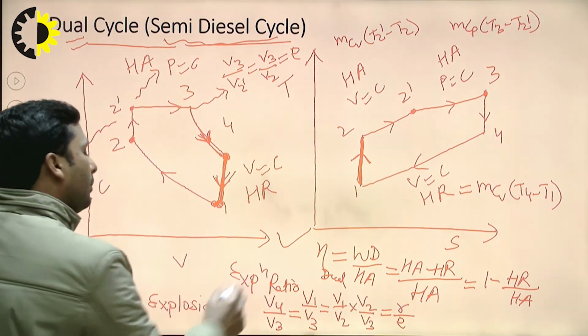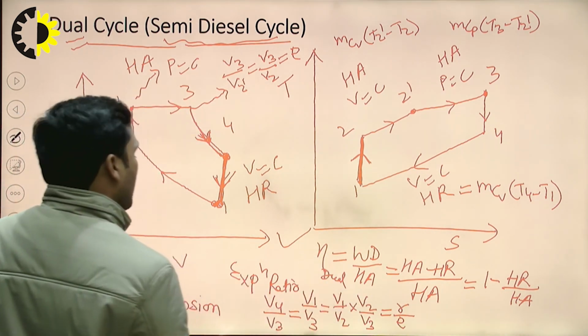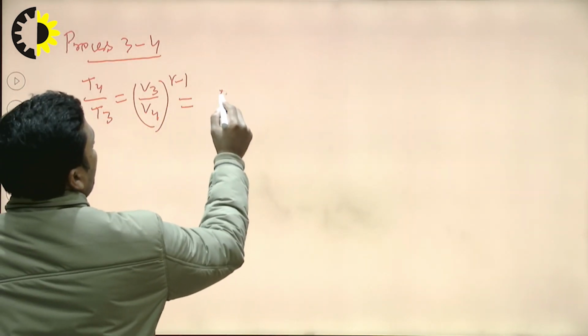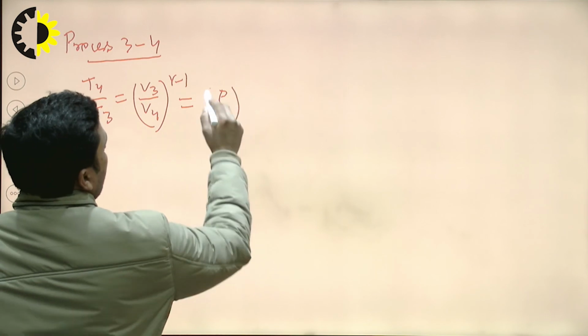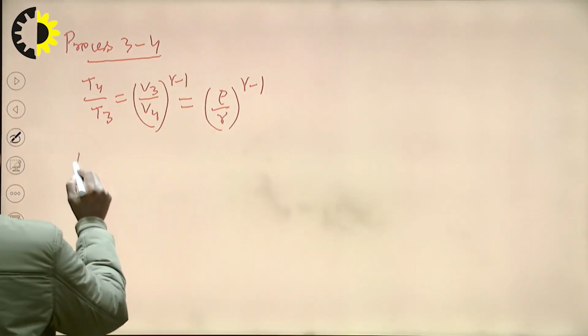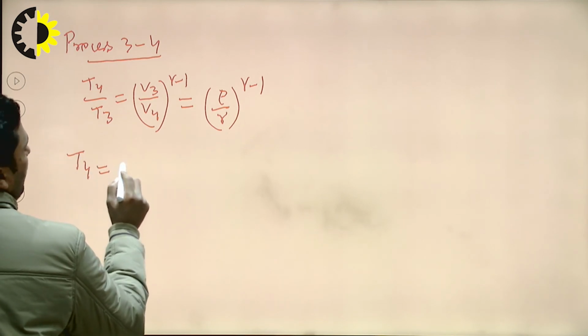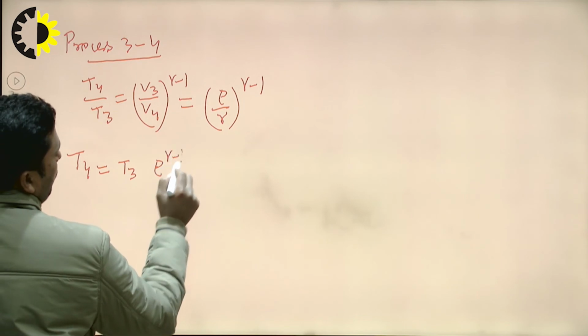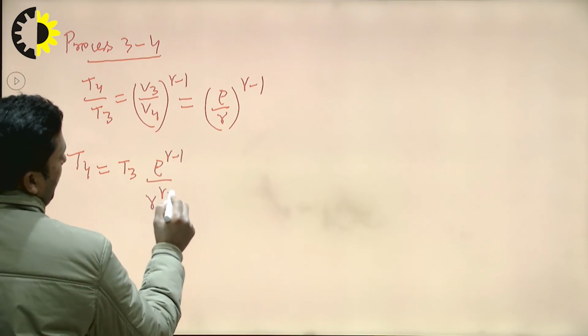So, V3 by V4 will be equal to rho by r. So, the value of V3 by V4 to the power gamma minus 1 is equal to rho by r to the power gamma minus 1. So, from here T4 will be equal to T3 times rho to the power gamma minus 1 upon r to the power gamma minus 1.